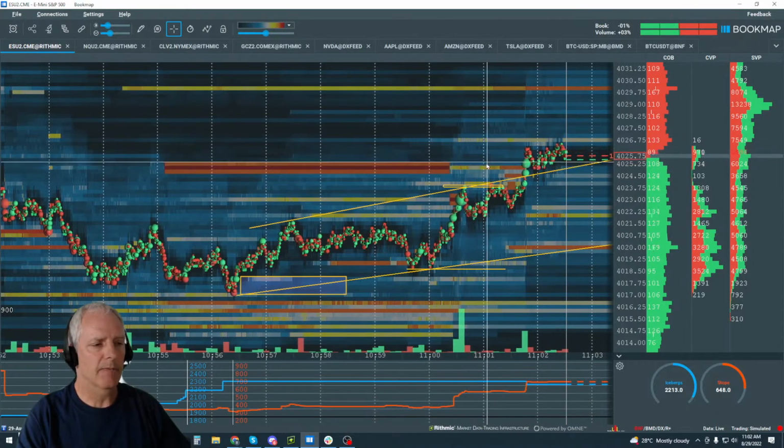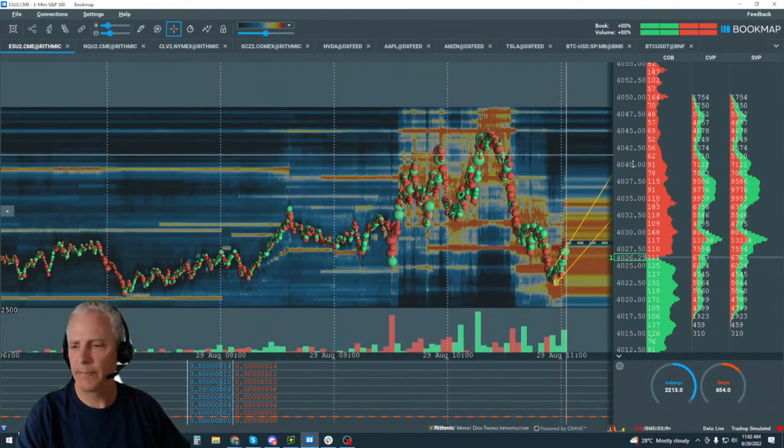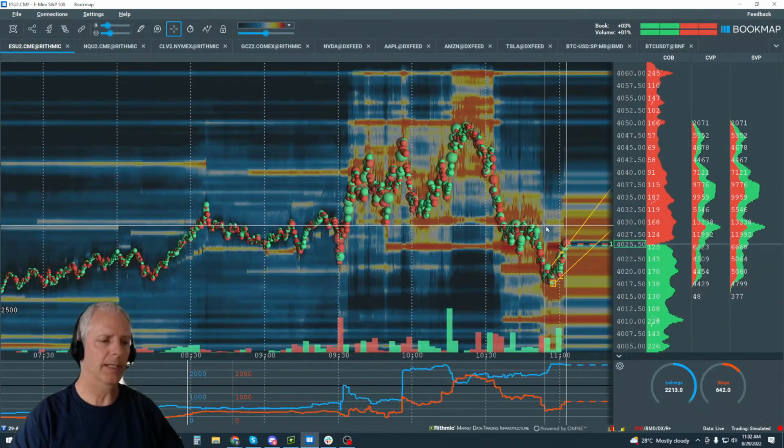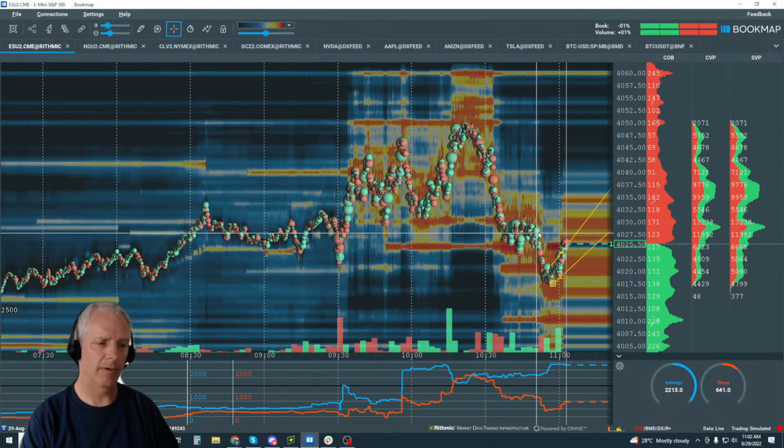Now, this is very low time frame. We can zoom out. Again, for people who are new in here and think that this is only for scalping, yeah, you can use it for scalping very successfully, no problem. It works on all time frames though, on much higher time frames.